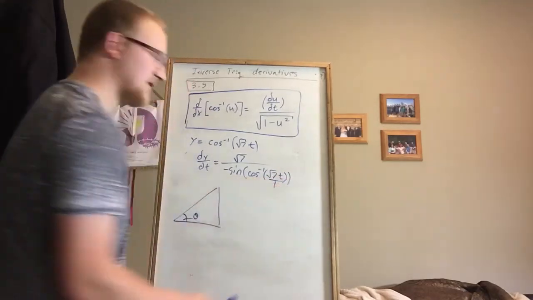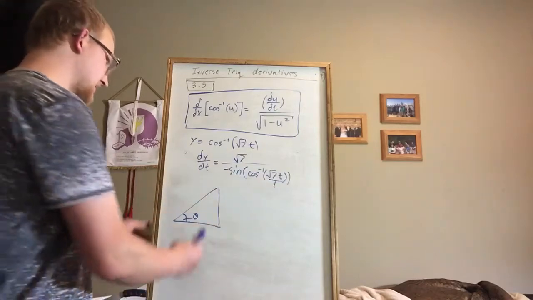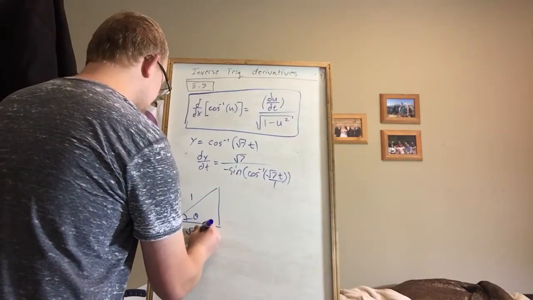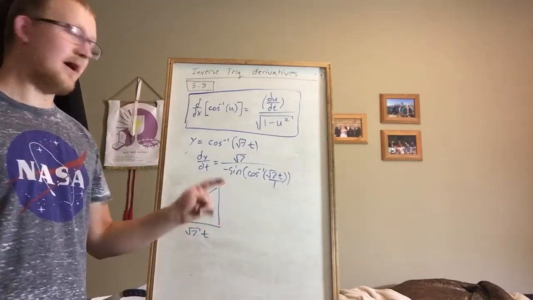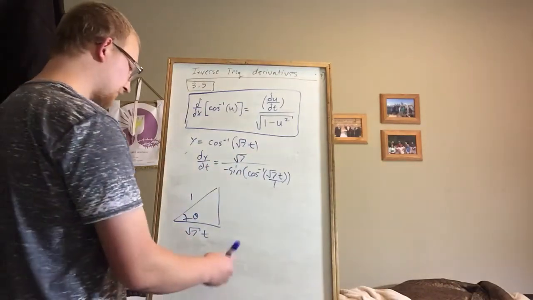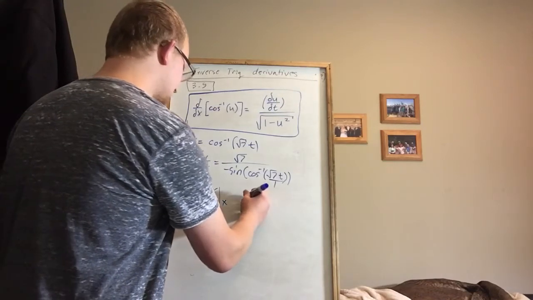So I'm going to put an imaginary 1 in there, and this will be the adjacent over the hypotenuse. So the hypotenuse is 1, and the adjacent is root 7 times t. And we need to solve for the opposite, because sine is opposite over hypotenuse. We could label it x or something like that.